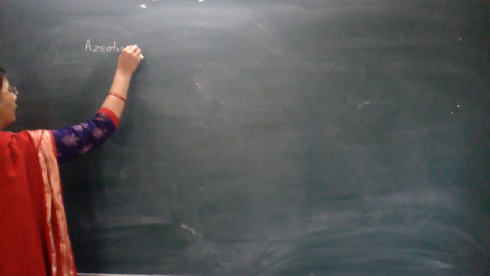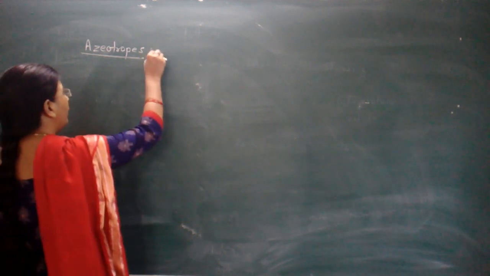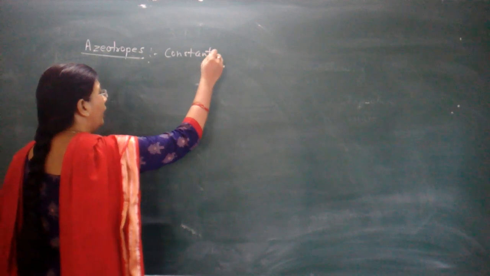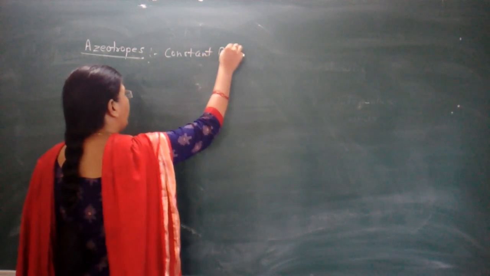Next is our next topic, azeotropic mixture. Azeotropes, or azeotropic mixture. Shortly, azeotropic mixtures we call constant boiling mixture.